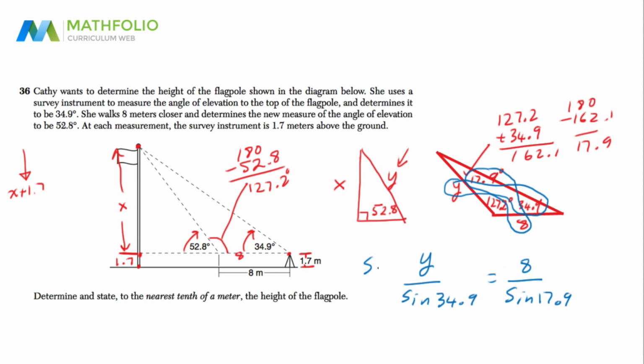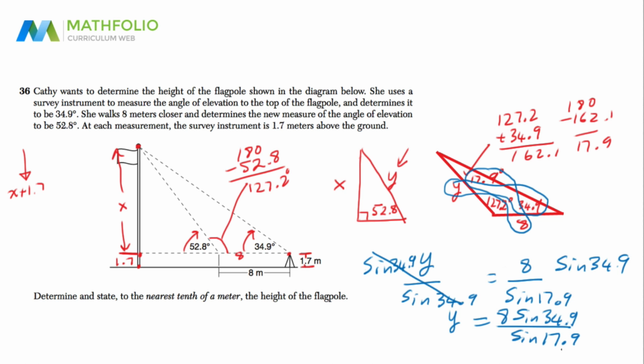So when we multiply both sides by sine 34.9, sine 34.9 cancels here, and we end up with y equals 8 times sine 34.9, all over sine 17.9.